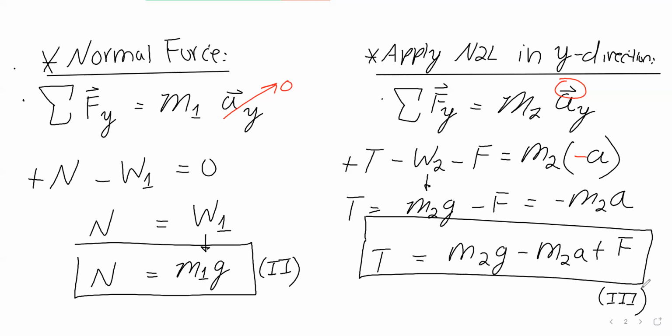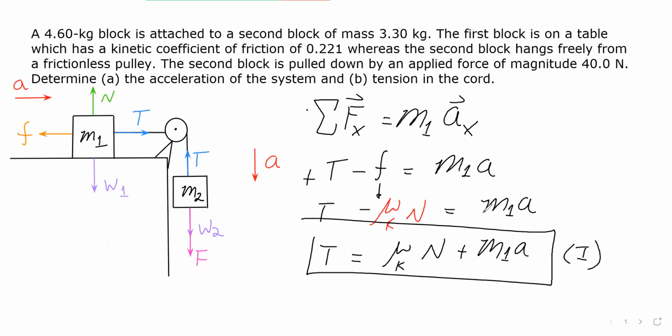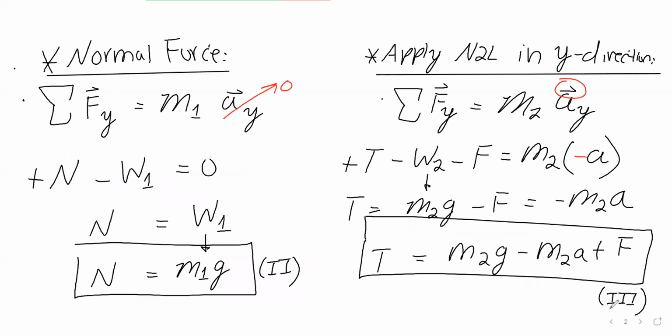Perfect. So now, since equation 3 is isolated for tension, and equation 1 is isolated for tension, we will do the substitution method, but in a fancier manner. Since both expressions are equal to T, they're equal to each other.